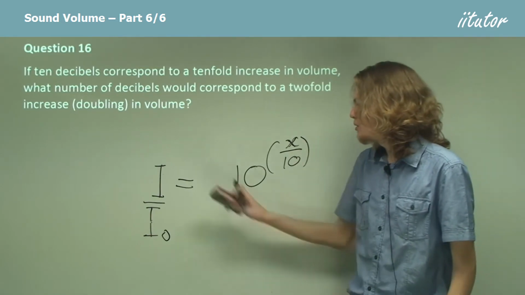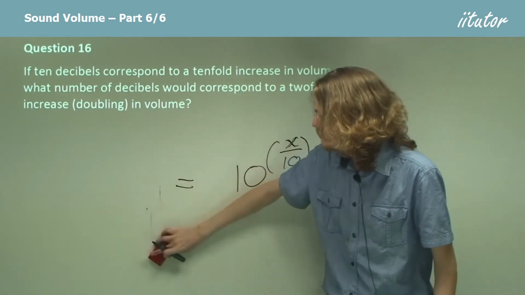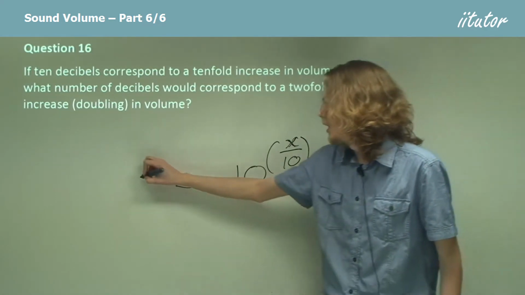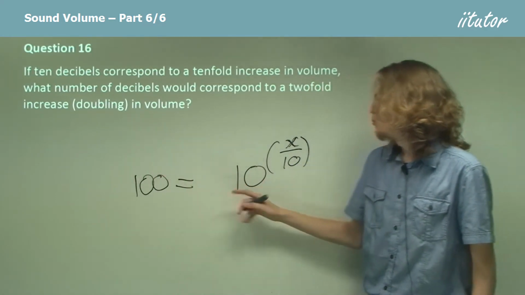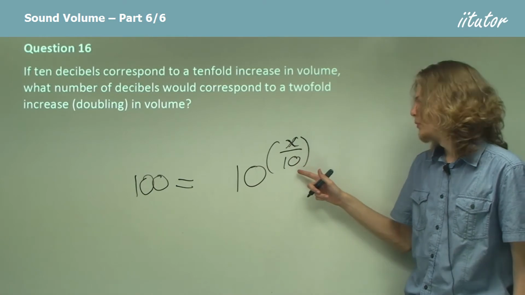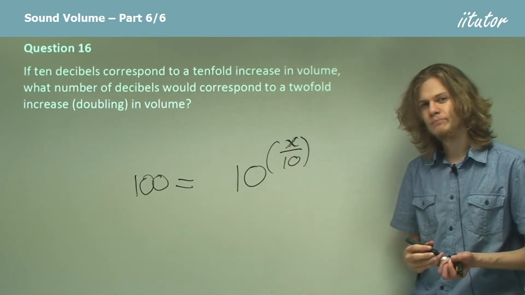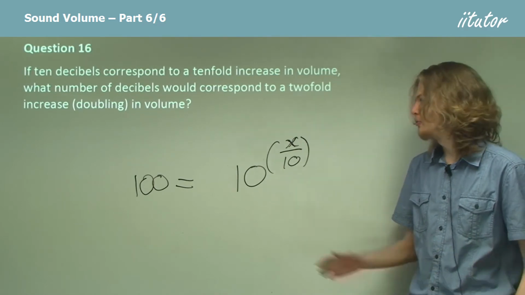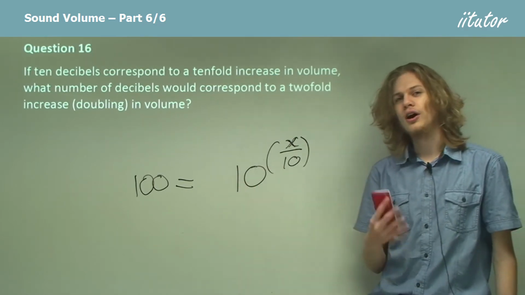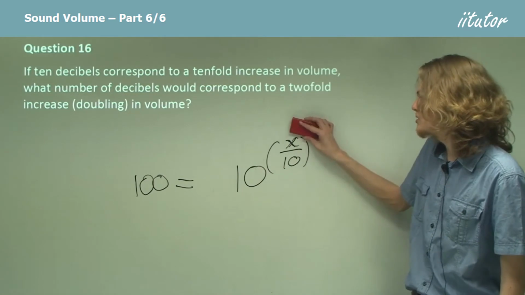If we want the increase to be 100-fold, then we need it to be 10 to the power of 2. So x over 10 is 2, x must be 20. So an increase of 20 decibels will be a factor of 100 in the intensity increase.